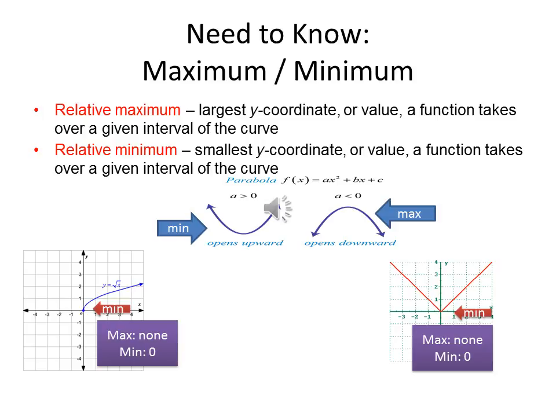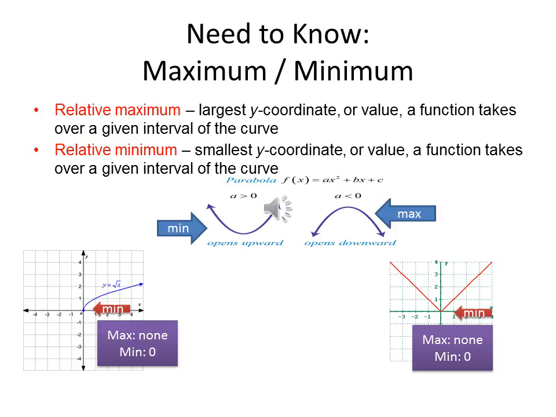It will be at the very top of the curve when the parabola is open downwards. The relative minimum is the smallest y-coordinate or value a function takes over a given interval of the curve. The minimum occurs when the parabola opens upward. Once again, the minimum occurs when the parabola is open upward.